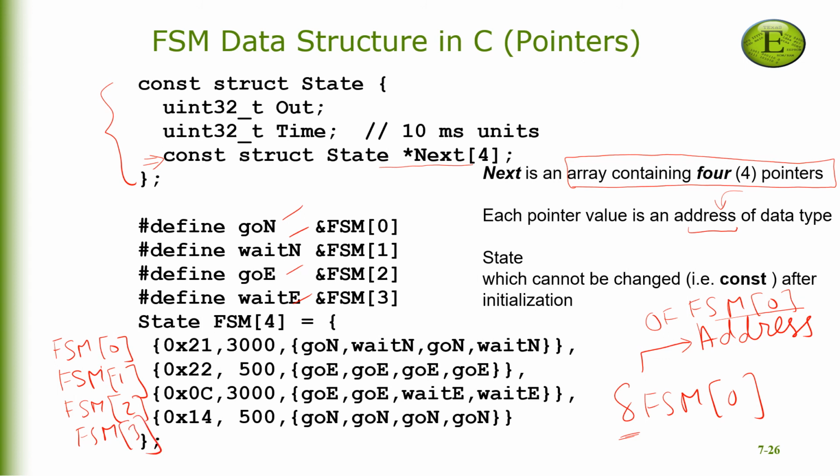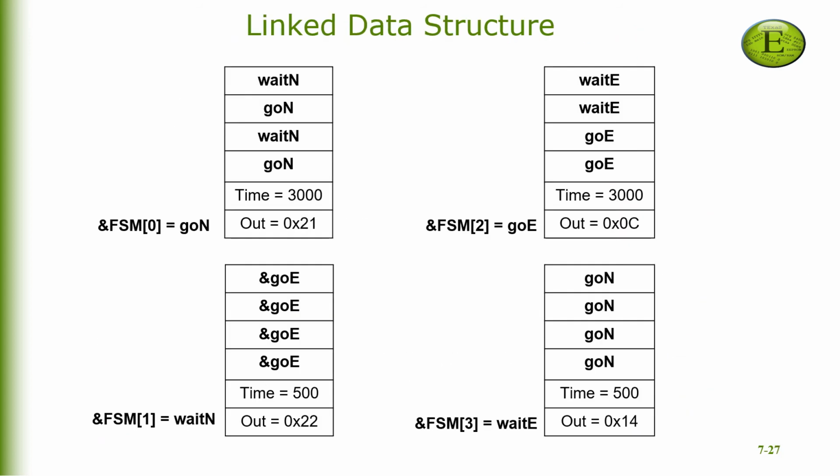Now, in order to understand this further, we're going to look at the pictorial representation of how this data is stored in the ROM. It may be helpful to visualize how the finite state machine data is stored in the microprocessor ROM. So we start with the goN state. Here we are representing the state corresponding to the go north traffic.